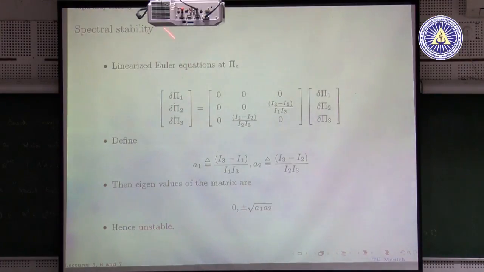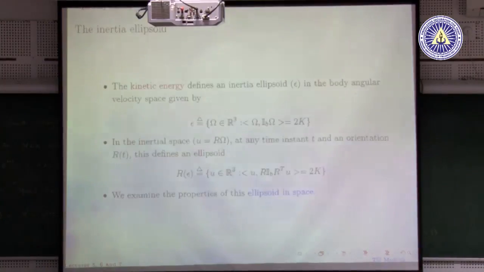And this is what we did for the intermediate axis instability that we showed. Okay, so this is not important.